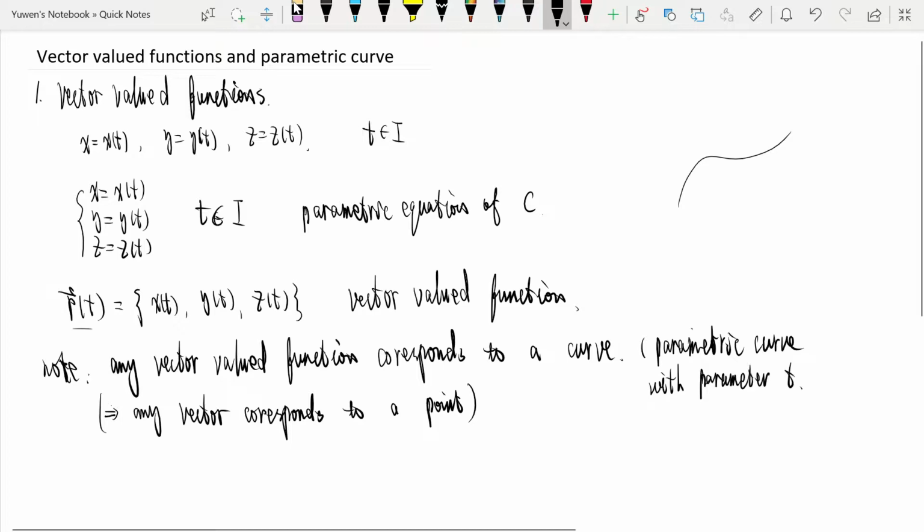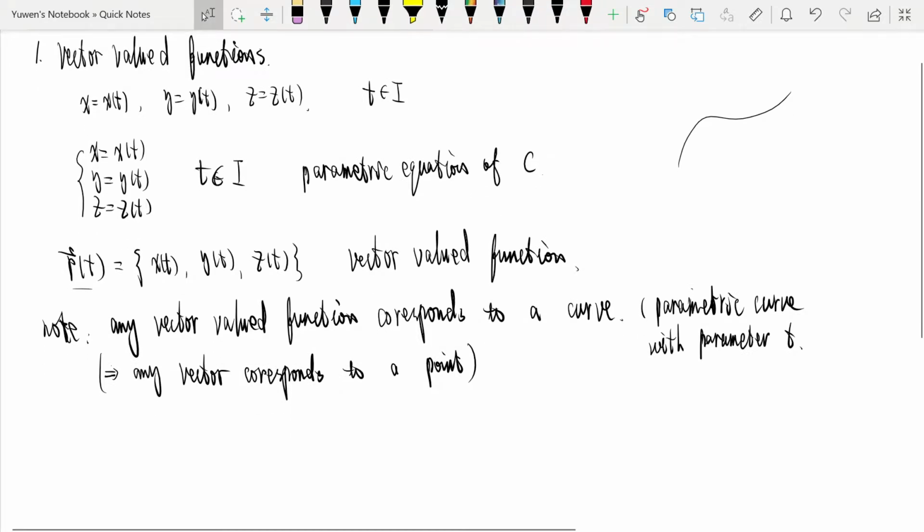So this is a vector valued function, and for vector valued functions there are also concepts of limit, continuity, derivative and integration.